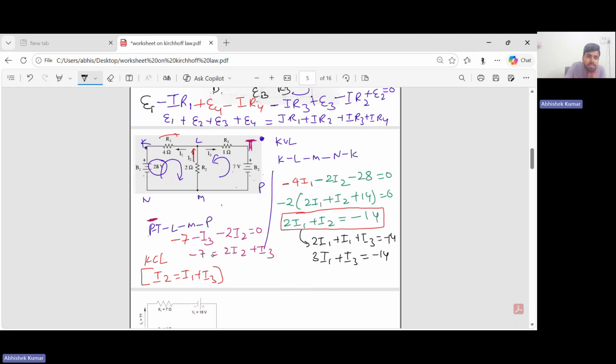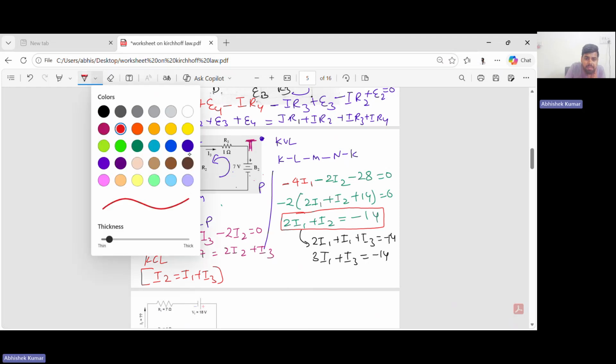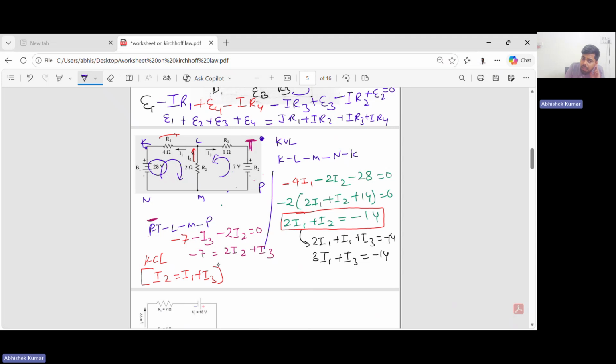Okay. Now from this other part, how much will you get? By solving this part, tell me. If you put the I2 value here, minus 7 is equal to 2I1 plus 2I2 plus I3. Any doubts?